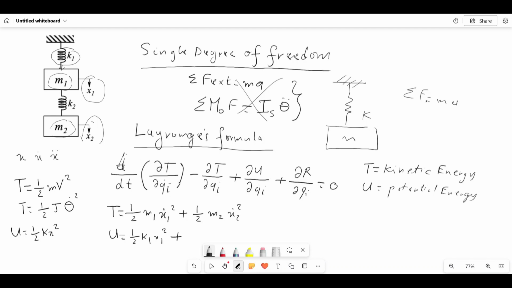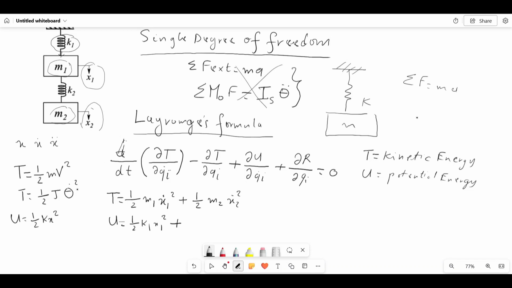So the potential energy of K2 will be written as half K2 times the change of displacement, final minus initial, or you can do initial minus final, it will give the same thing, but we keep it for consistency.